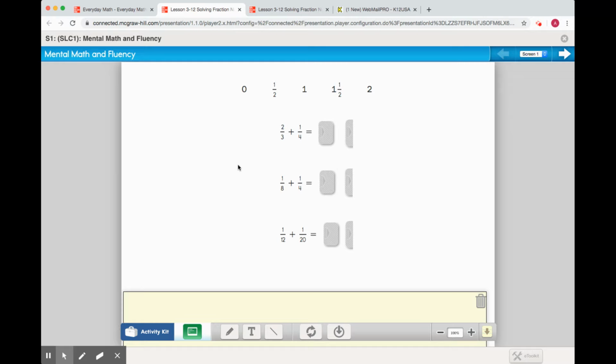If you add 2/3 plus a 4th, do you think it's closer to 0, a half, 1, 1 1/2, or 2? I want you to do those with the following 3 problems. So feel free to pause the video, do it on a piece of paper or in a workbook or whatever you may have. Then play the video and I will reveal the answers.